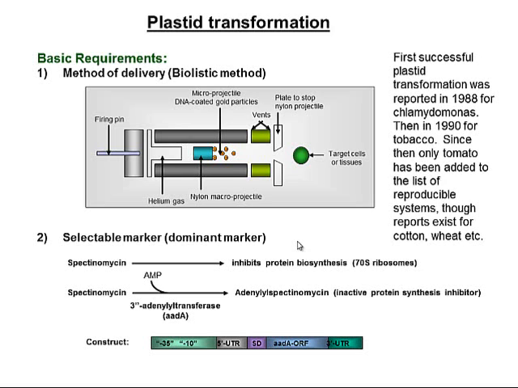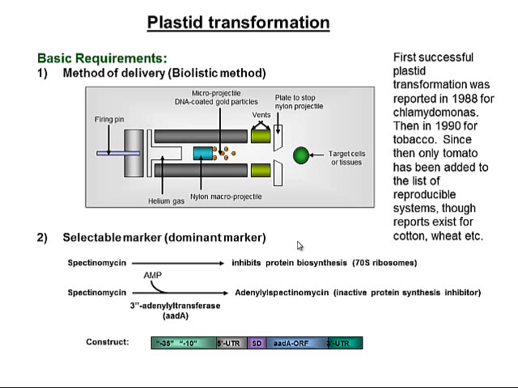However, a point mutation will confer resistance. So it's possible just to put in a single piece of DNA with this point mutation in it. It will go in by homologous recombination, and you end up with a spectinomycin resistant variant. So the initial studies on plastid transformation used this RRN16 gene.